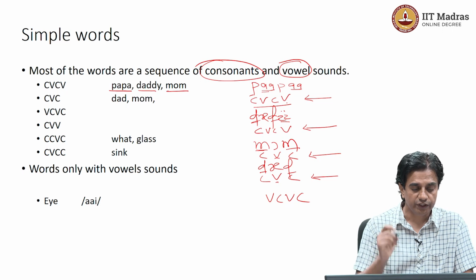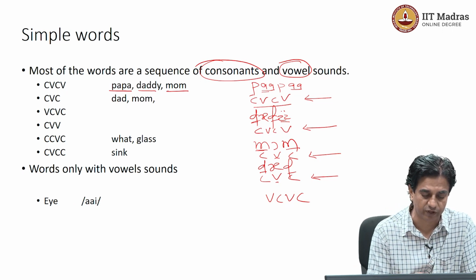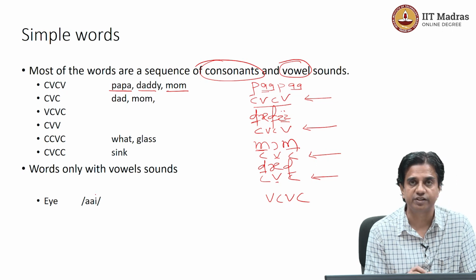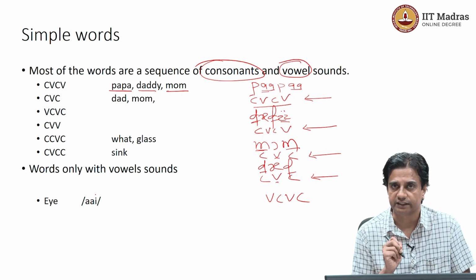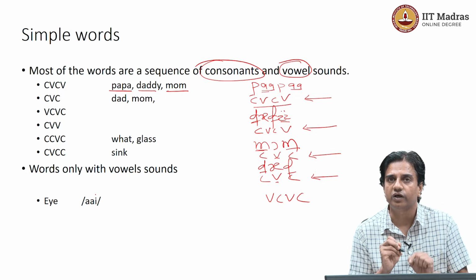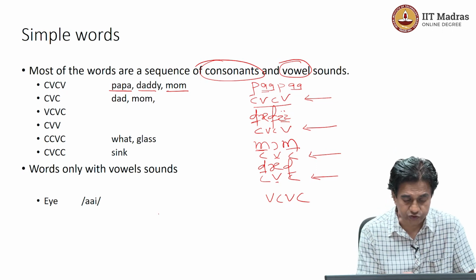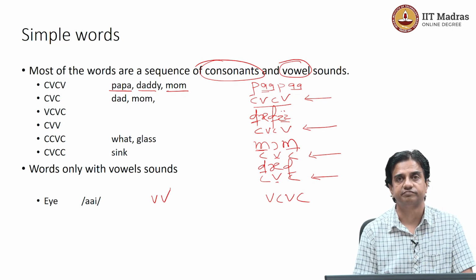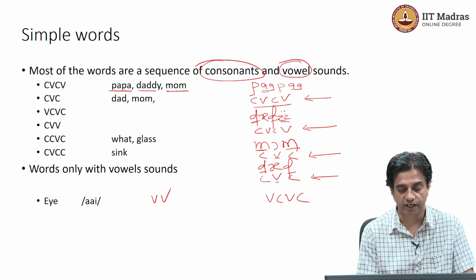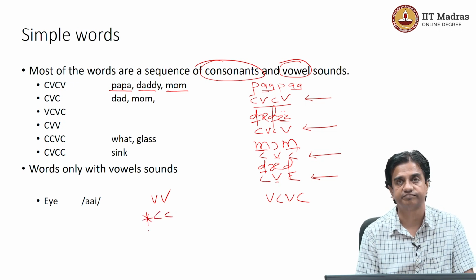So here is an example of a word. I have been telling you that vowel sounds are more basic in a word. That is, a word is possible only with vowel sounds. So it is possible to have a word like this, but it is not possible to have a word just like this.